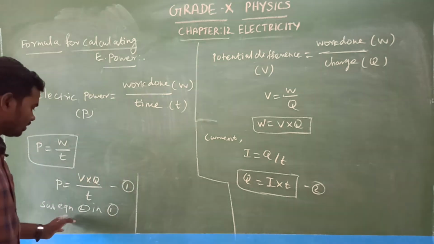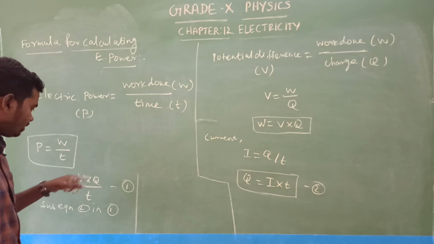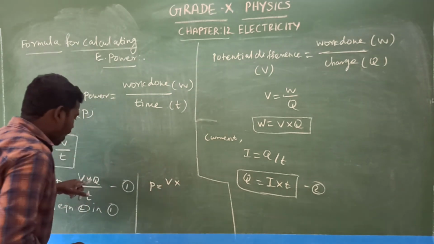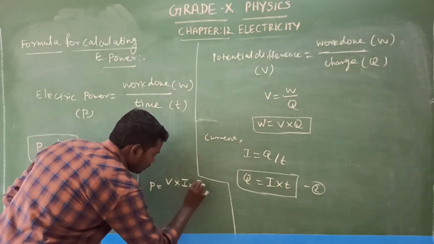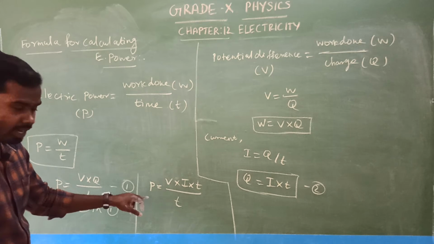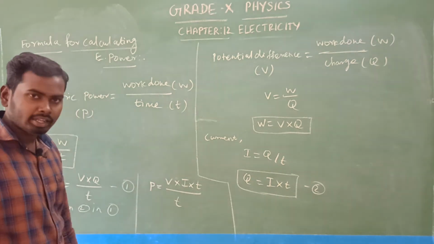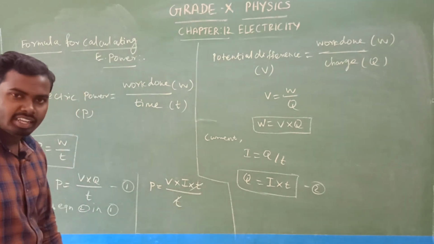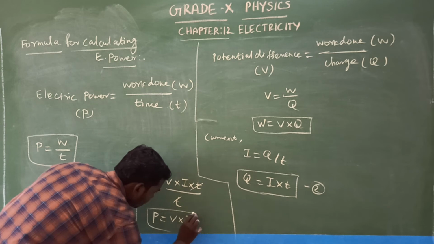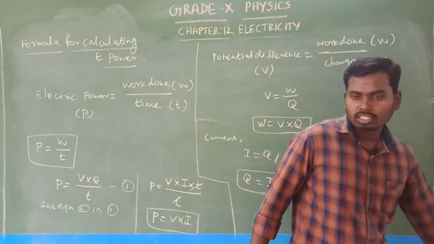So P is equal to V, and the Q value I into T, divided by T. Finally P is equal to V into I into T divided by T. Look at here, T cancels. So P is equal to V into I. This is the power formula. P is equal to V into I.